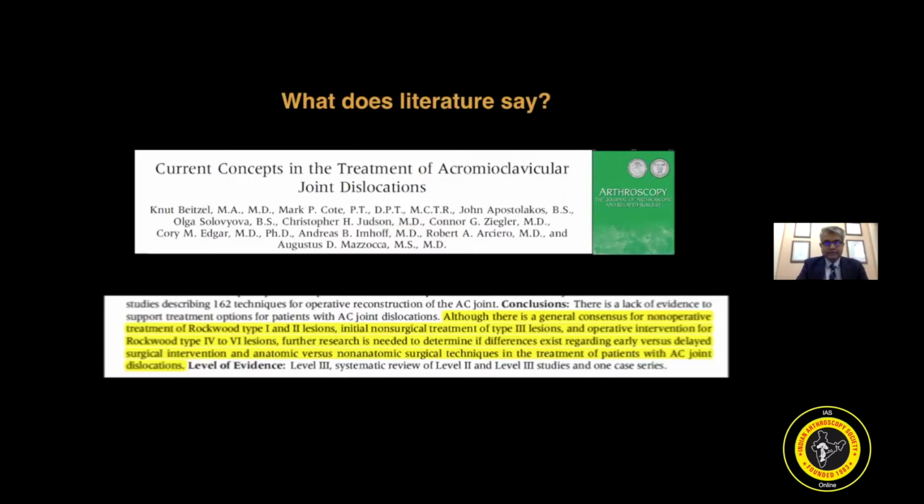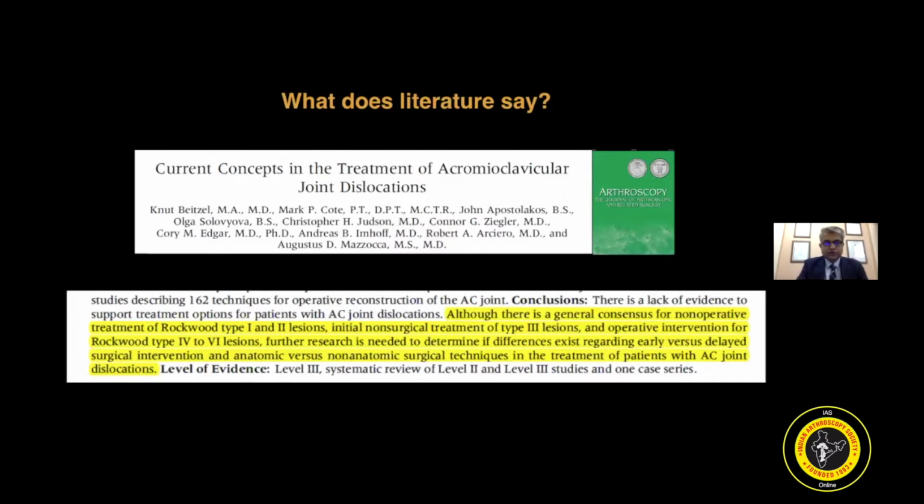There is a general consensus for non-operative treatment of Rockwood type 1 and 2 lesions, initial non-surgical treatment for type 3 lesions, and operative intervention for Rockwood type 4 to 6 lesions. However, further research is needed to determine if differences exist regarding early versus delayed surgical intervention and anatomic versus non-anatomic surgical techniques for treatment of patients with AC joint dislocations.